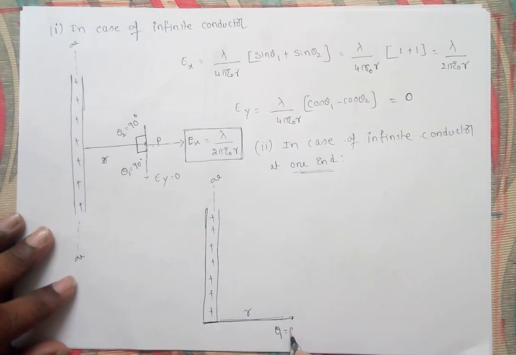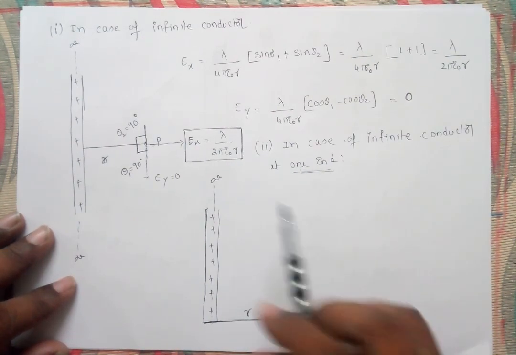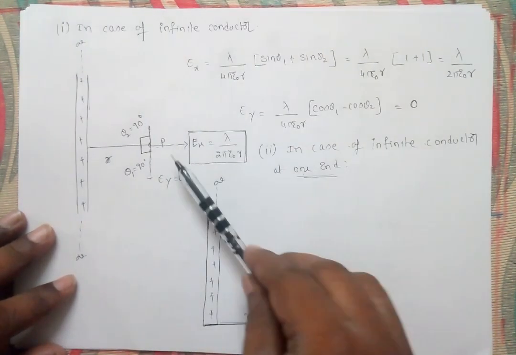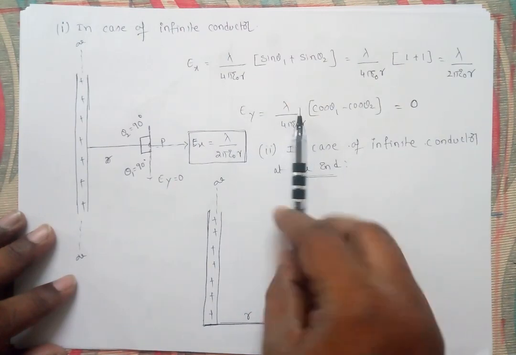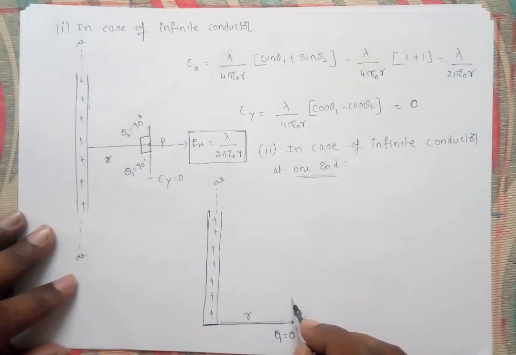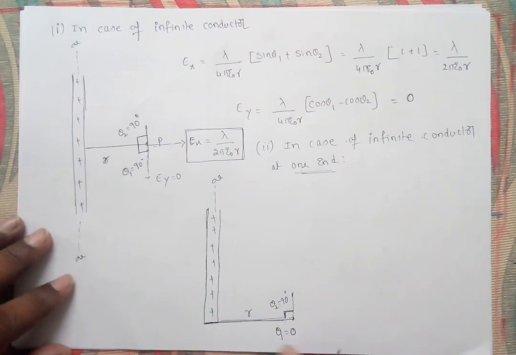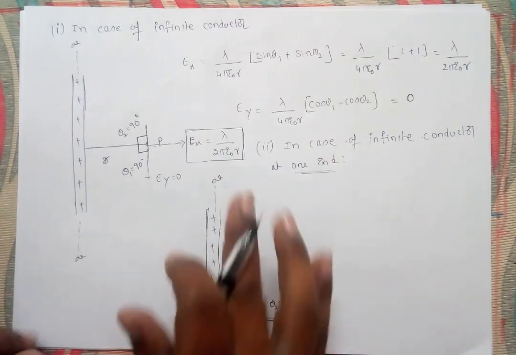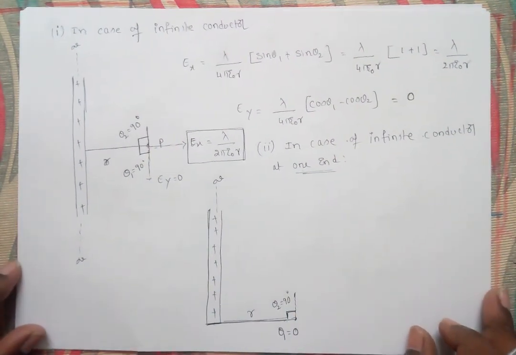So theta 1 is 0. But theta 2 goes up to infinity, and the angle made by it is 90 degrees. Theta 2 is 90 degrees. Therefore, we substitute these in the expressions.